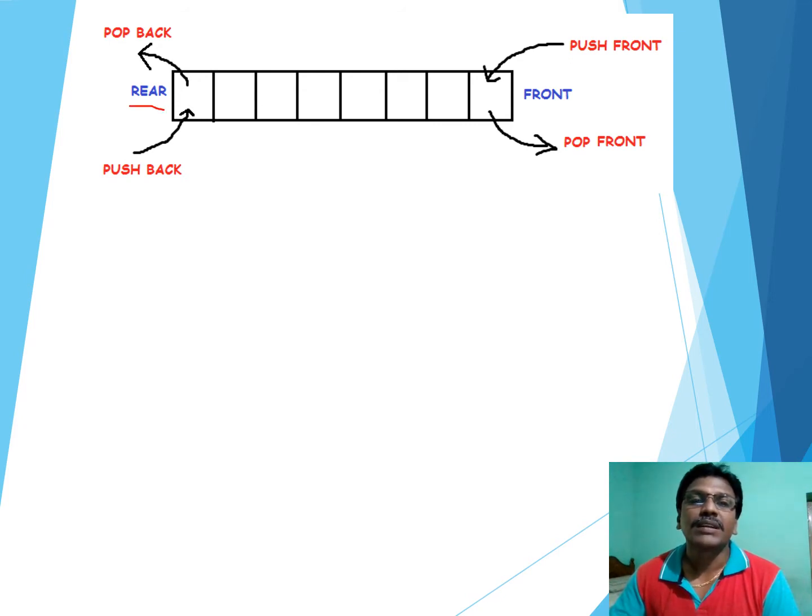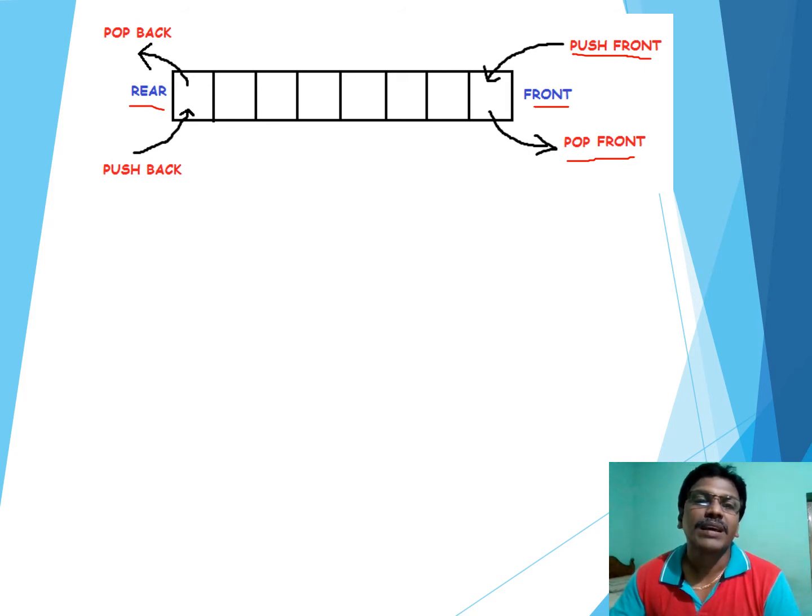This is for the front end and rear end. The front end uses the push operation, that is the insertion, and the delete operation is the pop operation. Front end: push and pop.